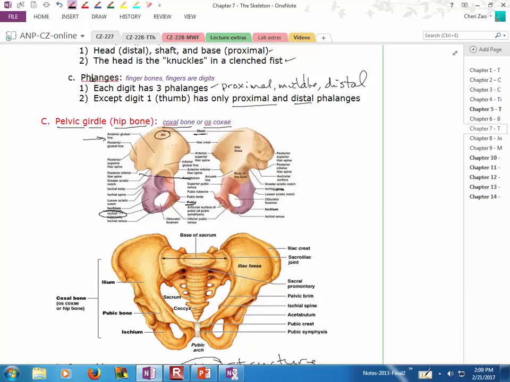And then you need to figure out how to do the ischium. So from that, you just make a T, straight on down. And now you have your ischium and your pubis. If you take a look at this bone and you do this little T maneuver, you'll see it makes it so much easier to show ilium, ischium, and pubis from that aspect. Give it a try and see how it works for you in lab.